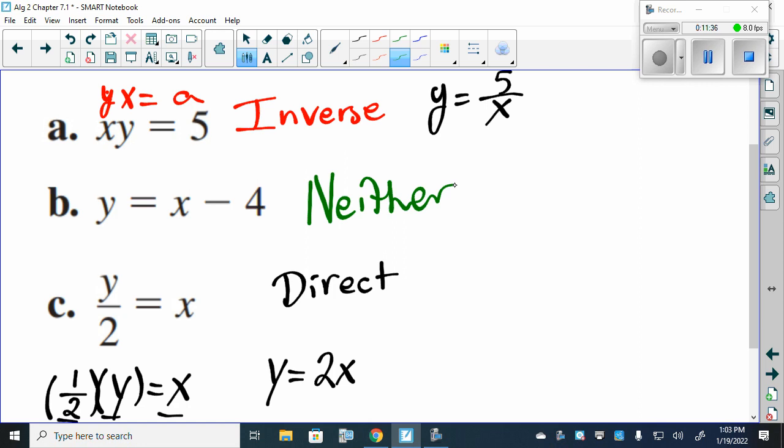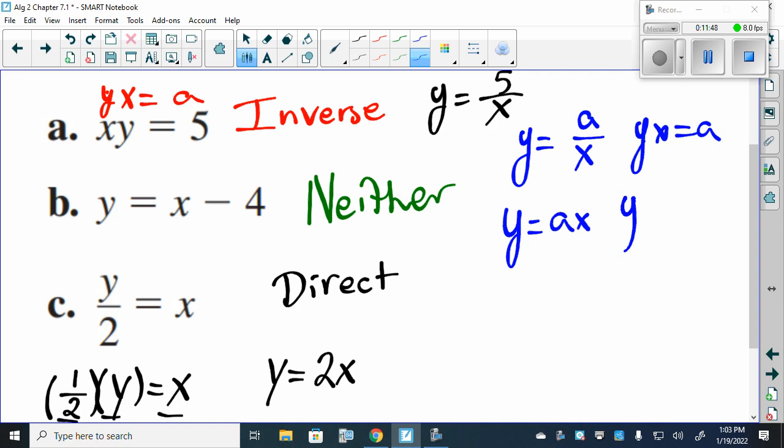Because when we look at any of these here, for our general terms, y equals a divided by x, or yx equals a, and y equals ax, or y divided by x is equal to a, x and y are separated on each side of the equation. So get a highlighter. We're looking at these two here. How is the constant term and the variable working together?